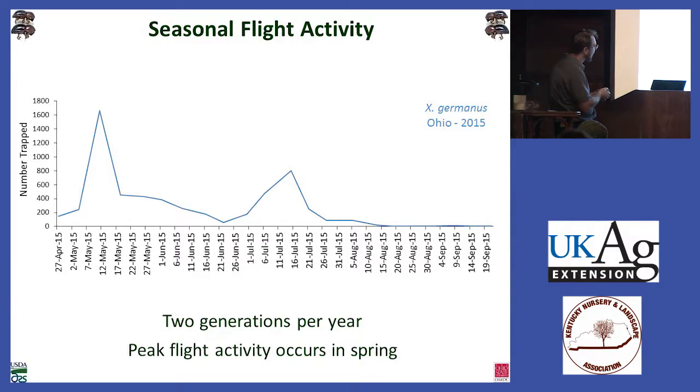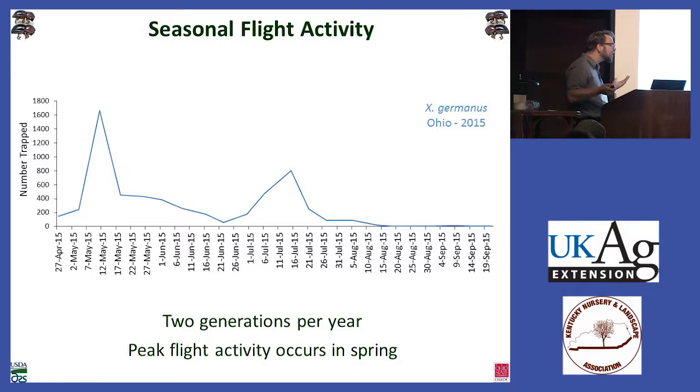We generally see a peak in flight activity in mid-May in Ohio, and that would shift slightly within Kentucky and Tennessee to probably mid-April. Then we see a second peak in midsummer. These correspond to overwintering females flying and looking for a host, and then the second generation here.